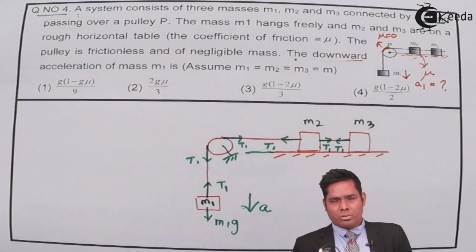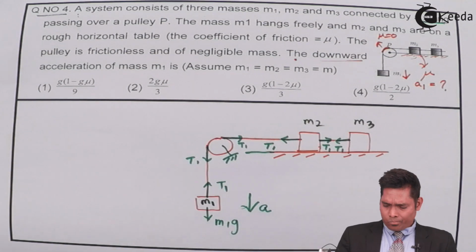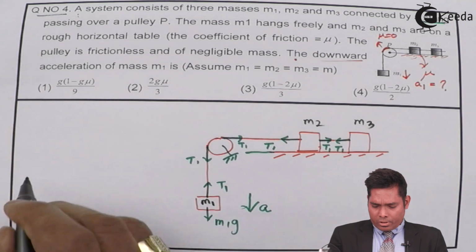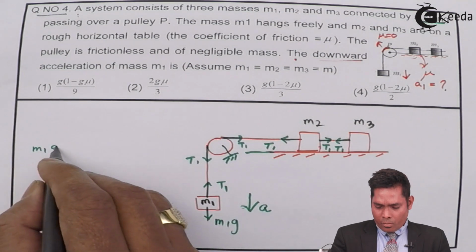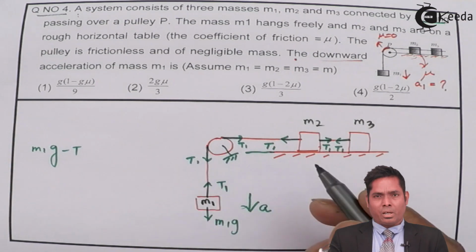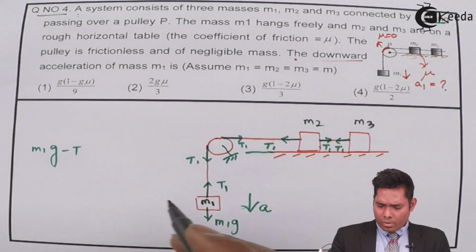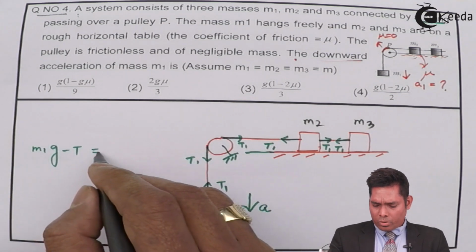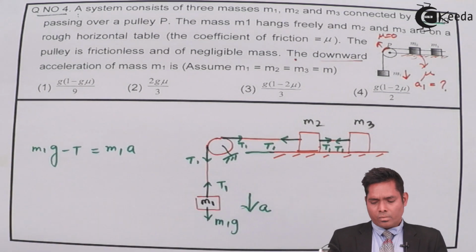Because it is the same acceleration, we don't have to take A1, A2. The difference: M1g minus T, because all tensions are the same, so I will consider T only. There is no need to write T1. M1g minus T equals mass into acceleration.